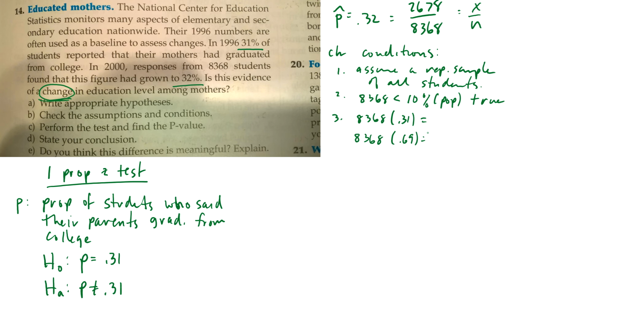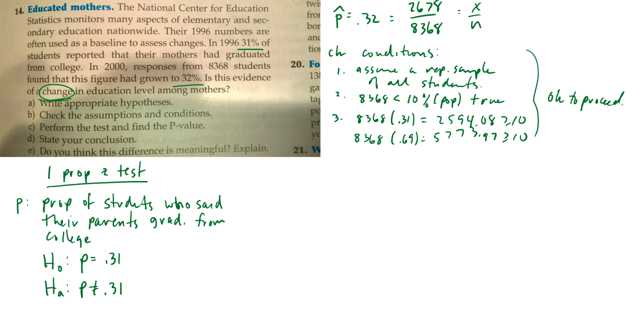8368 times 0.31 is 2594.08. It's greater than or equal to 10, and then 8368 times 0.69 is 5773.92, greater than or equal to 10. So all of these, okay to proceed.